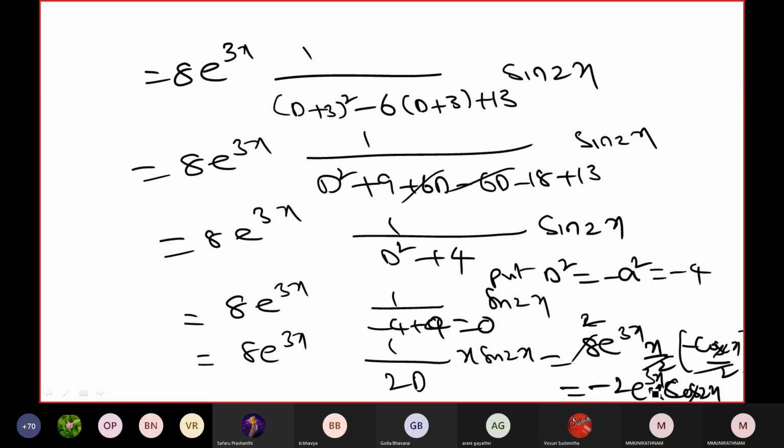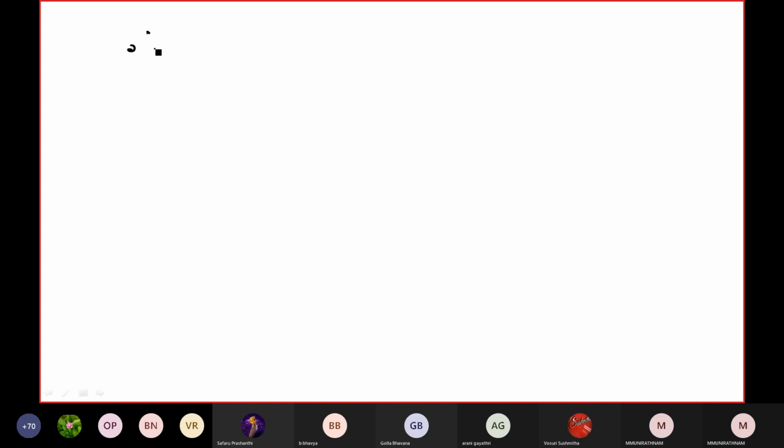Any doubts please? Okay? So therefore general solution is y equal to CF plus PI.